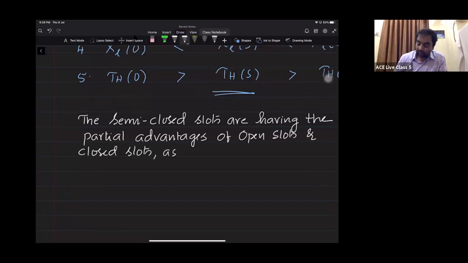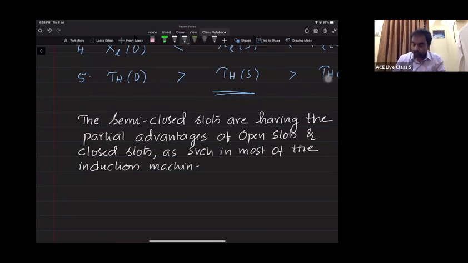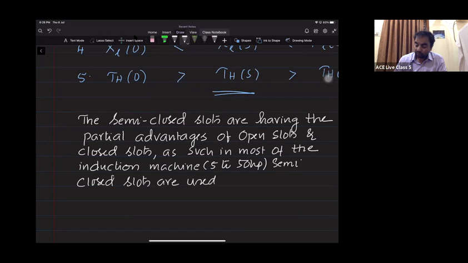As such, in most of the induction machines, and by most, what is the range? It is 5 to 50 HP, roughly, semi-closed slots are used. Is this clear? Confirm, all of you.